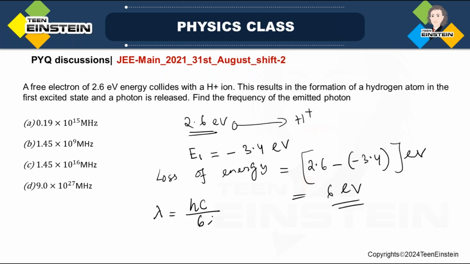This is 6 eV, so this will give you the wavelength in nanometer. This is electron volt nanometer.